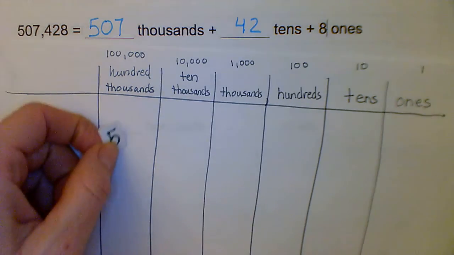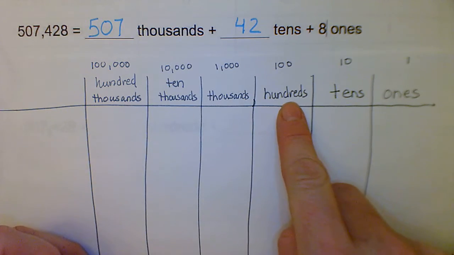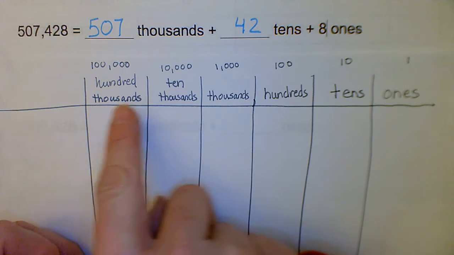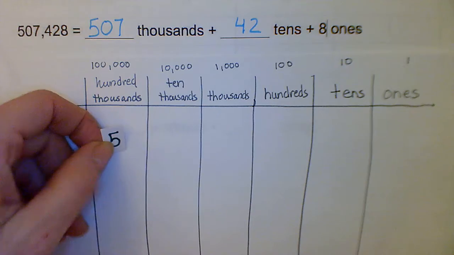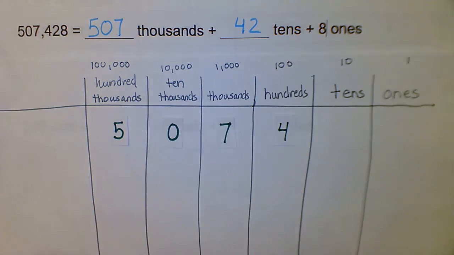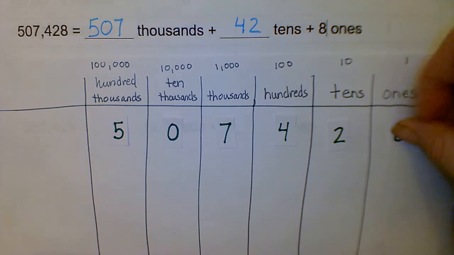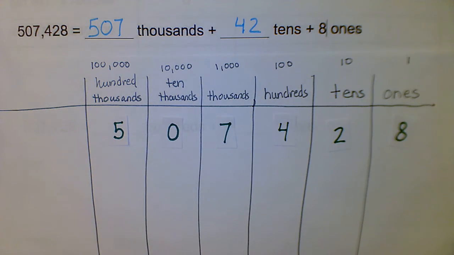So let me just go through our place value chart. We have our 1s, our 10s, our hundreds, our thousands, our 10,000s, and our 100,000s. So we have 507,428. So there's our number.